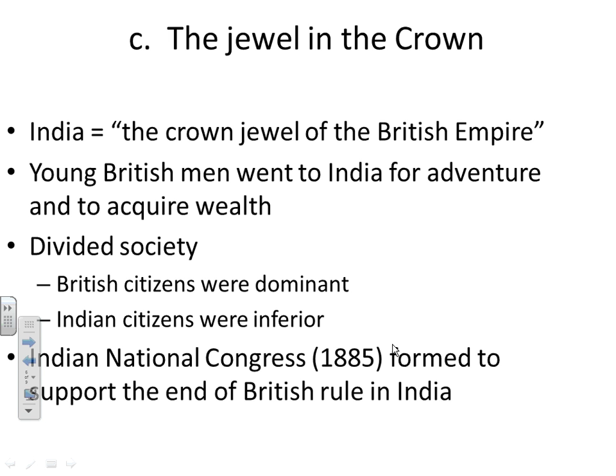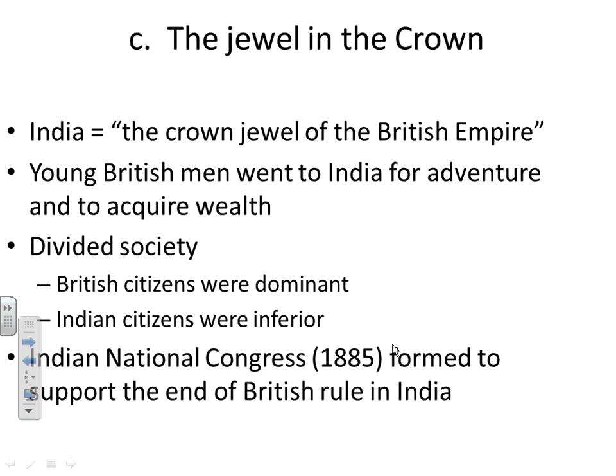And of course, anytime you have a group of people, particularly local inhabitants, who are placed in an inferior position, the idea of rebellion starts to come out into their hearts and their minds and their actions. What they want most of all is a freedom and independence from foreign rule.